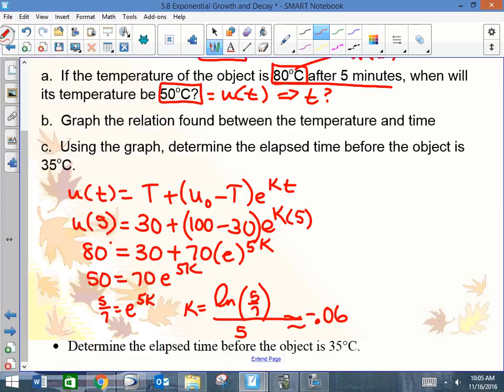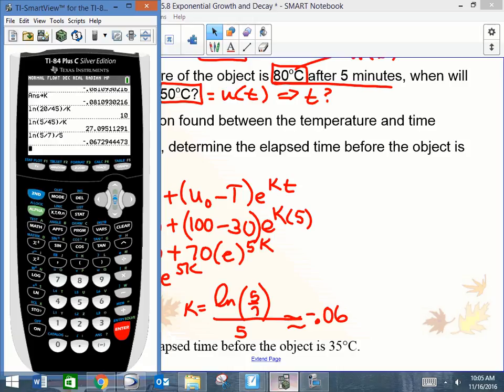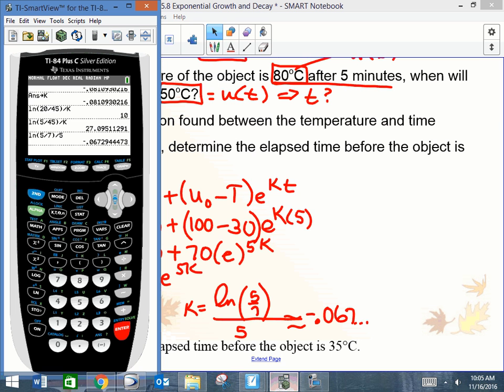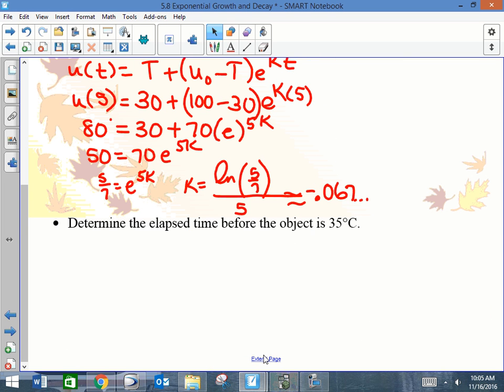Remember at the beginning they told us our K was going to be a negative constant. When you're done, look up and I've got the K sitting here, hopefully.